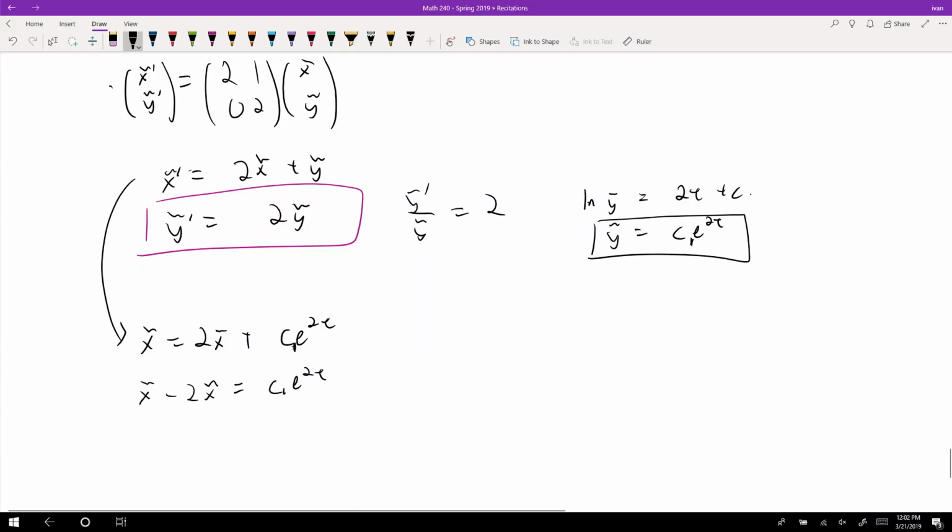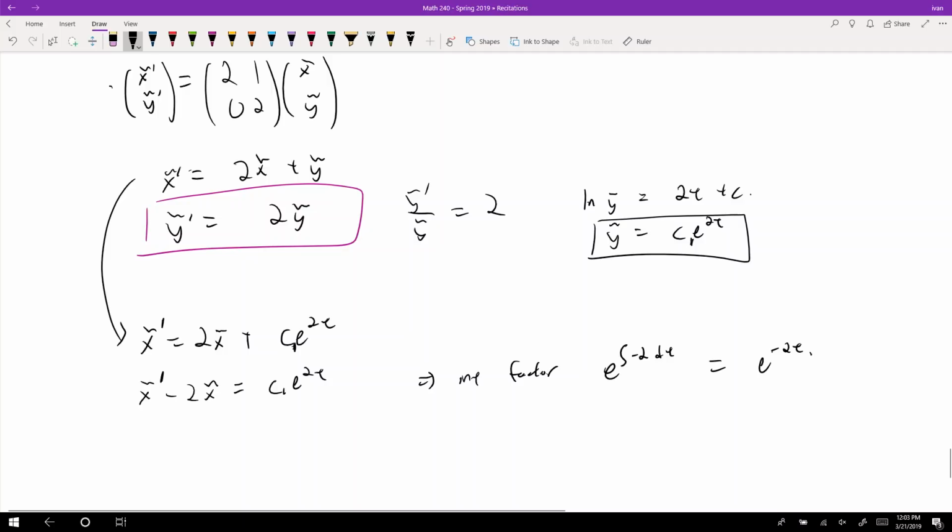Integrating factor, right, we move everything over, so now we have x tilde prime minus 2x tilde is equal to c1 e to the 2t. The integrating factor is e to the integral of negative 2 dt, which is equal to e to the negative 2t.